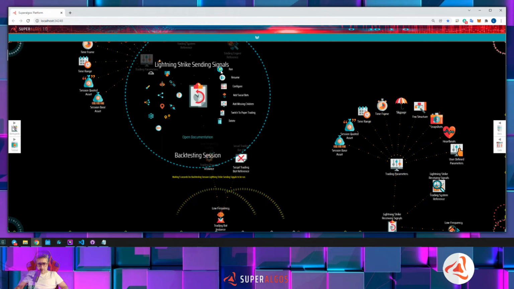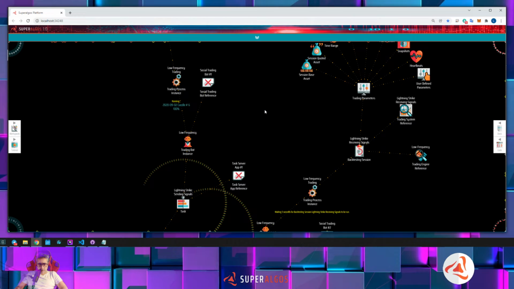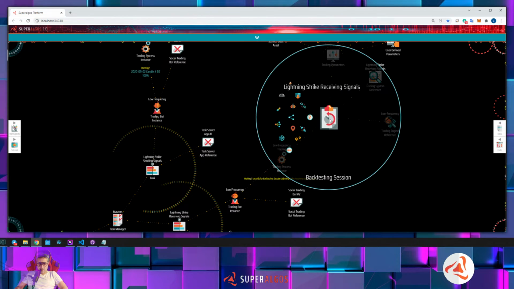We'll run this one first. I'm not going to let it run all the way, just the first 100 candles are enough to know if this works or not. So you can run now.